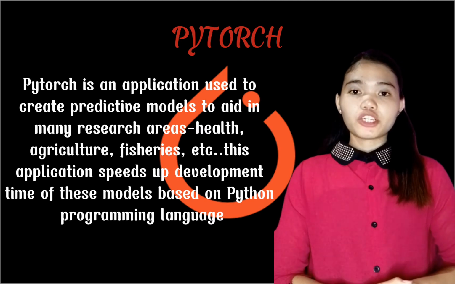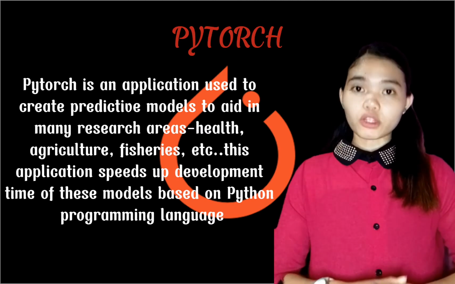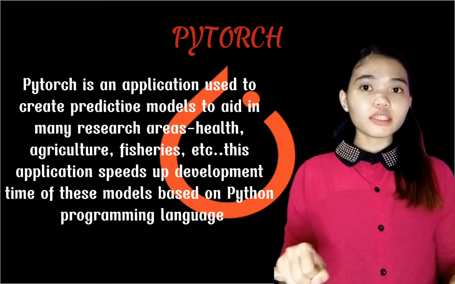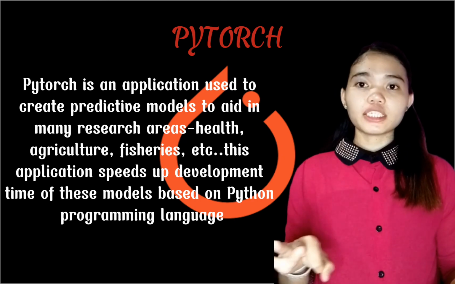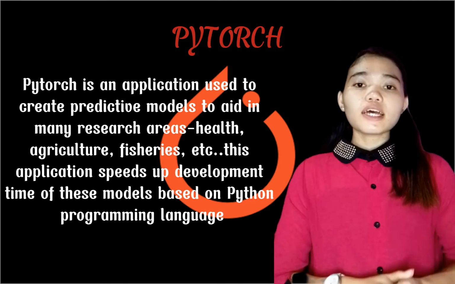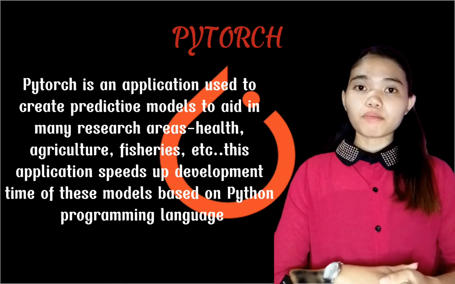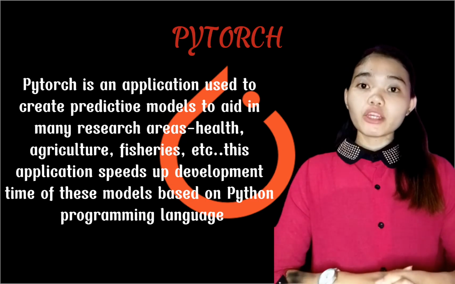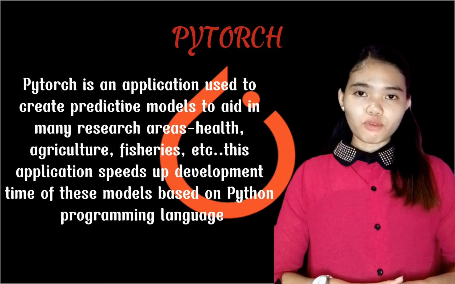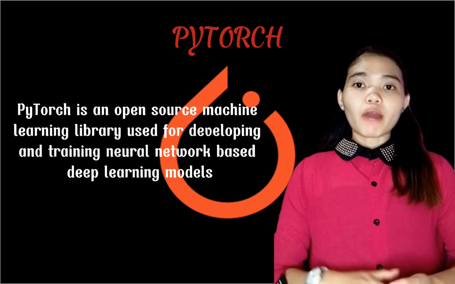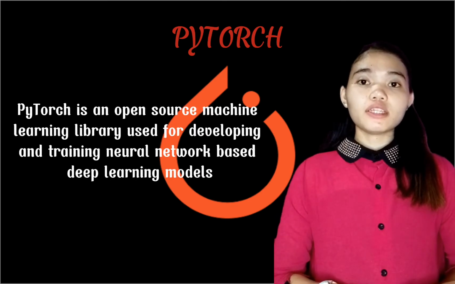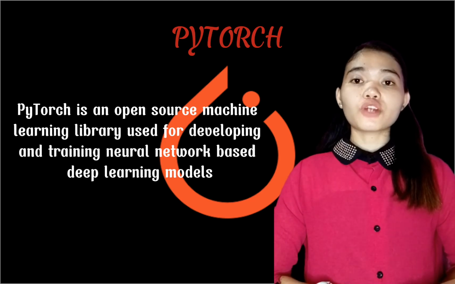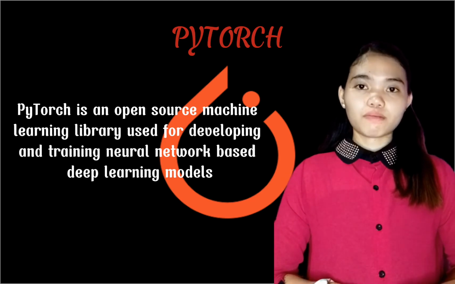PyTorch is an application used to create predictive models to aid many research areas such as health, agriculture, fisheries, etc. This application helps speed up the development time of these models based on the Python programming language. Lastly, PyTorch is an open-source machine learning library used for developing and training neural network-based deep learning models.